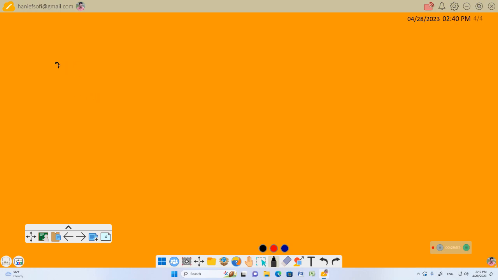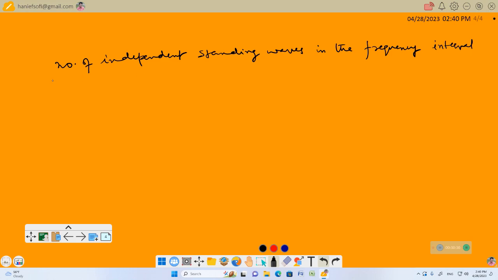They calculated the number of independent standing waves in the frequency interval between nu and nu plus d nu per unit volume in the cavity.